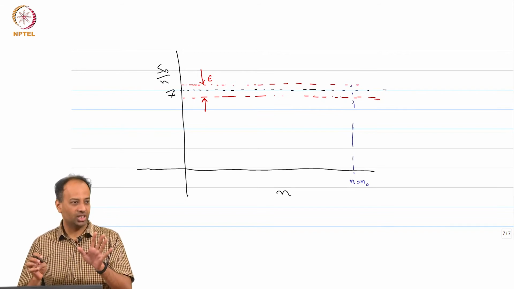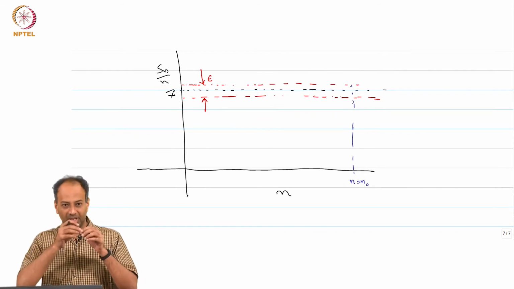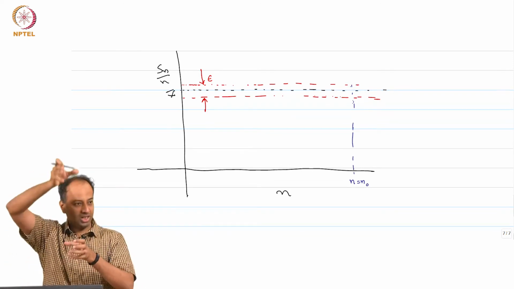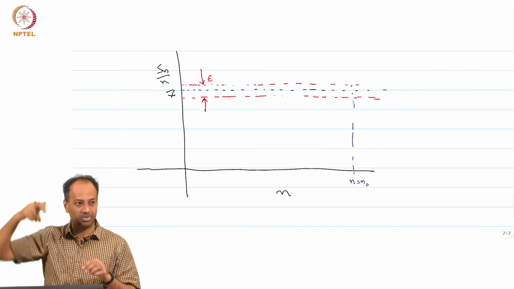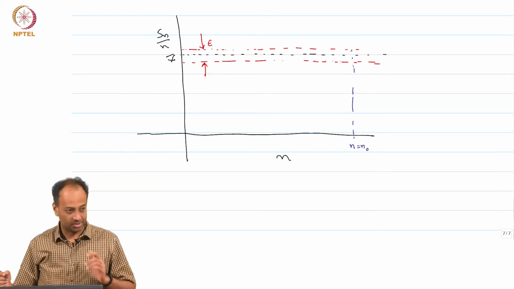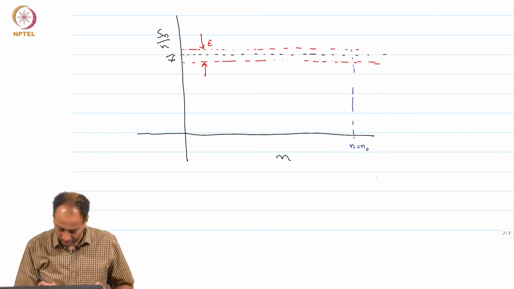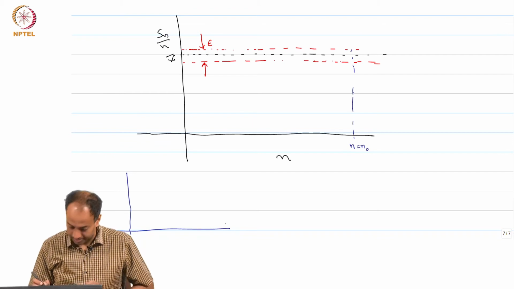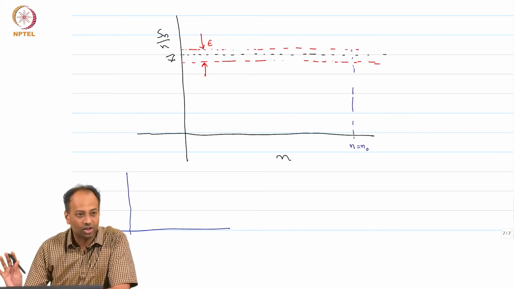Is that clear? So, if you were to plot the CDF of S n over n for large n, you fix an n naught, you plot the CDF of S n over n, much of the probability will be concentrated around x bar, right. So, the CDF will rise very sharply at x bar. So, this is what weak law is saying. This is a different plot. You look at whether S n over n is falling within the epsilon band or not for that n naught.